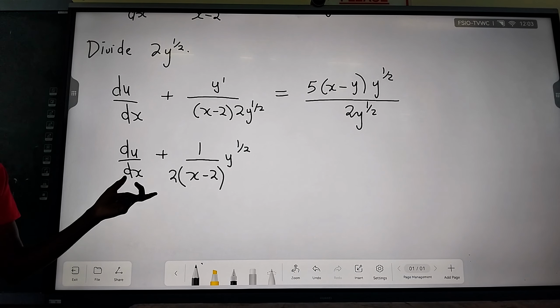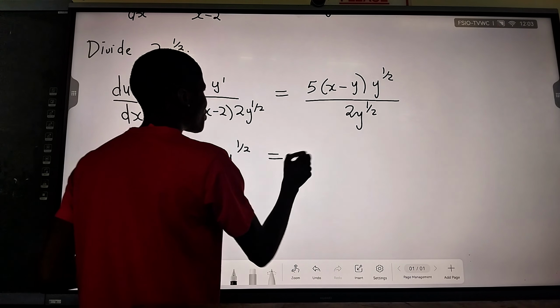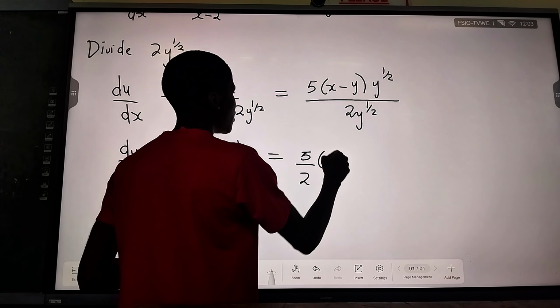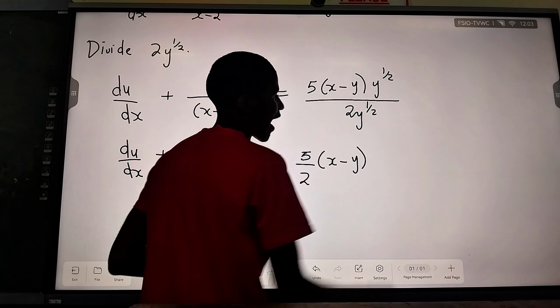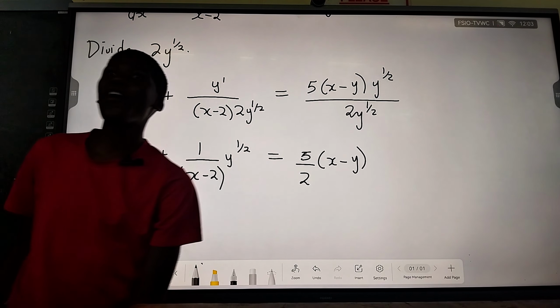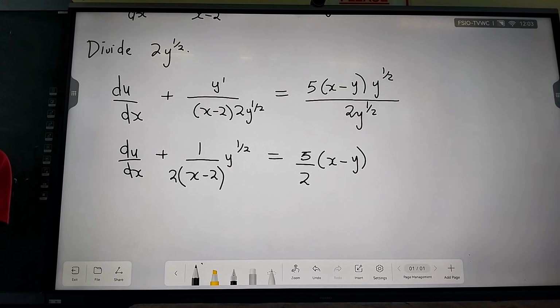So we take the half up, and we have 1 over 2 into x minus 2 times y to the power of 1 over 2. And this is equal to 5 over 2 times x minus 2. The y to the power half and y to the power half cancel here. It's just your basic maths.